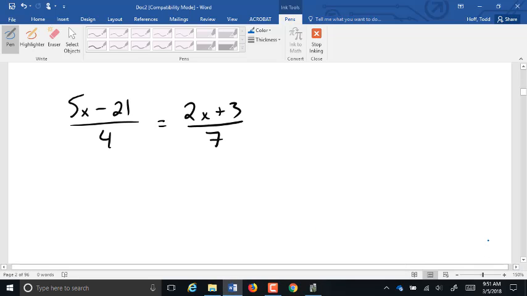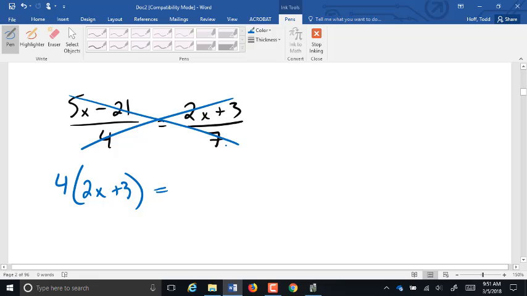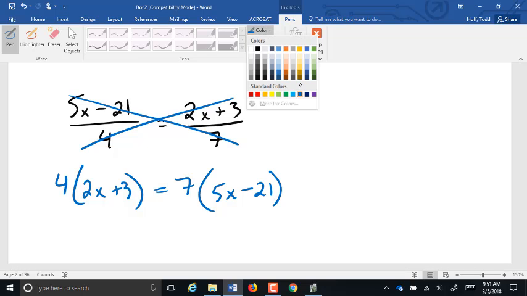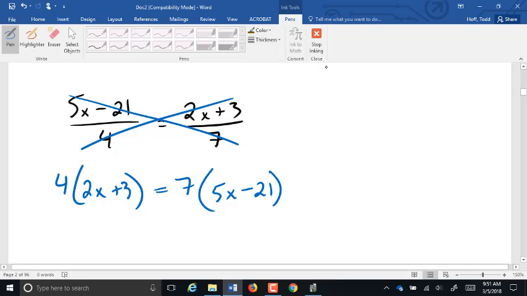Okay, so we're going to cross multiply here. We'll go this direction first. We've got the 4 times the 2x plus 3. Then we've got this direction here. We'll have the 7 times the 5x minus 21. Now we have to do each multiplication.